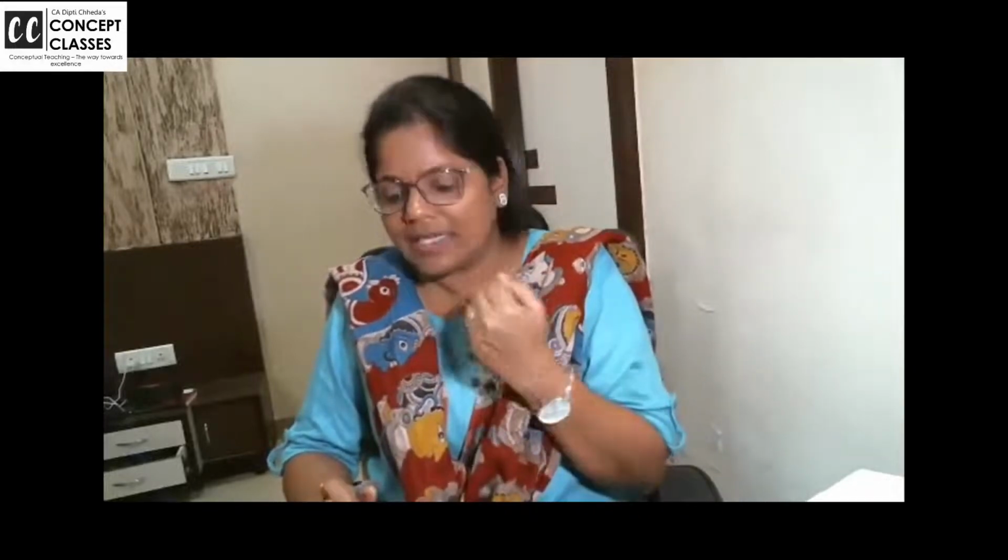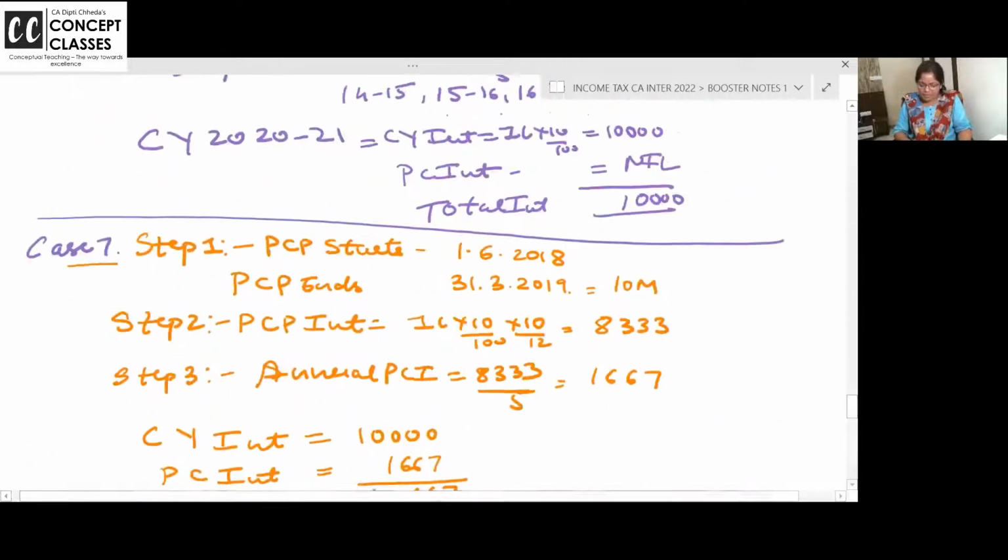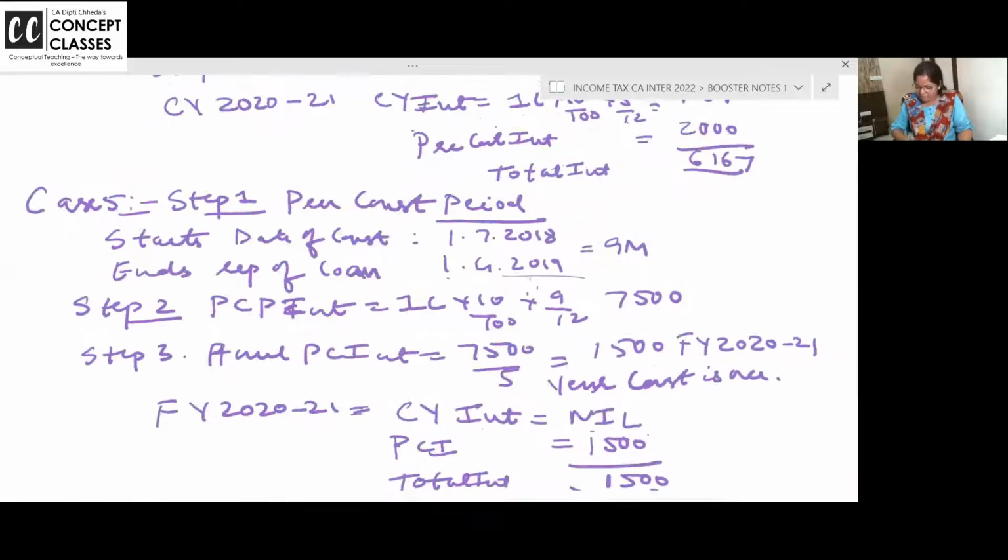Did you understand composite rent, subletting, advance rent, and these last 2 questions? What are the exceptions where this is not rental income and deemed ownership? Read it. If you have any doubt, when I start the business head class, at the end you can pause and ask me. These are the booster notes we have written for pre-construction interest. I think I scrolled through this fully and told you.